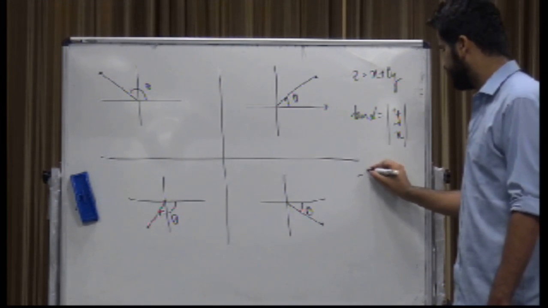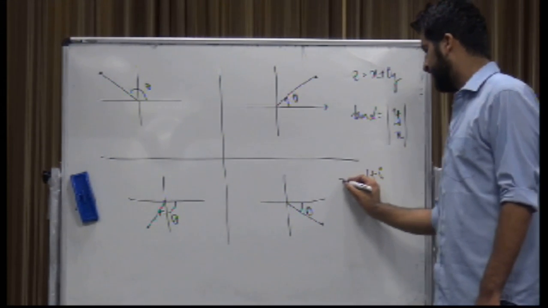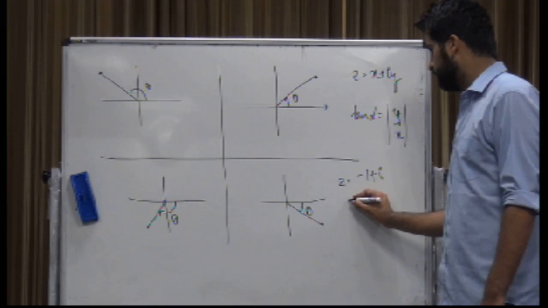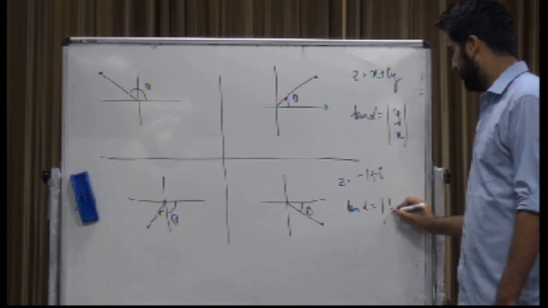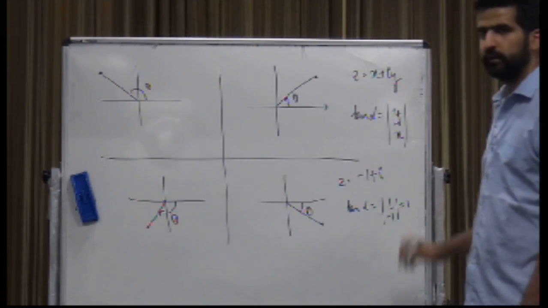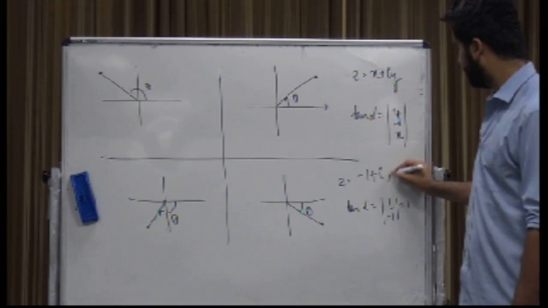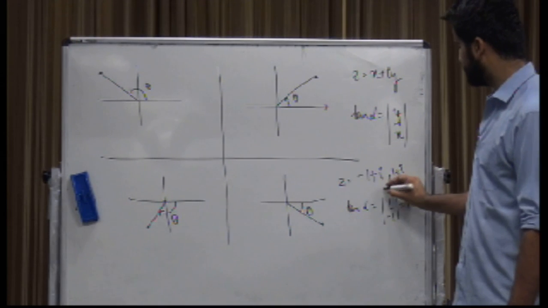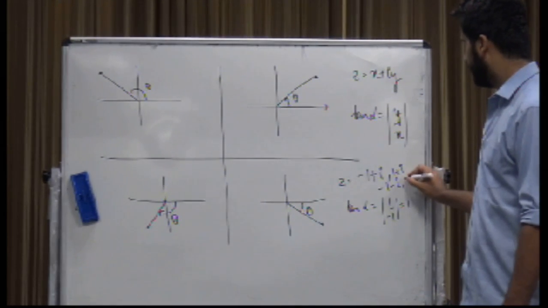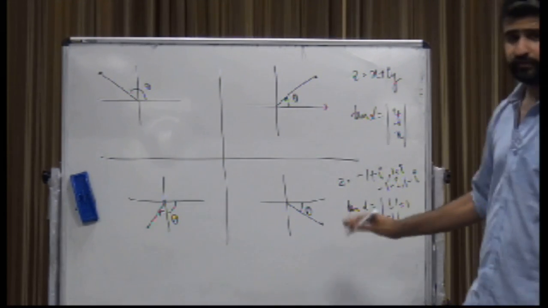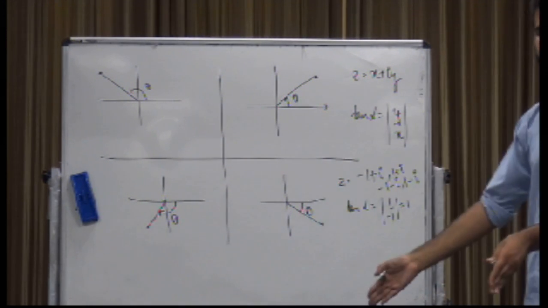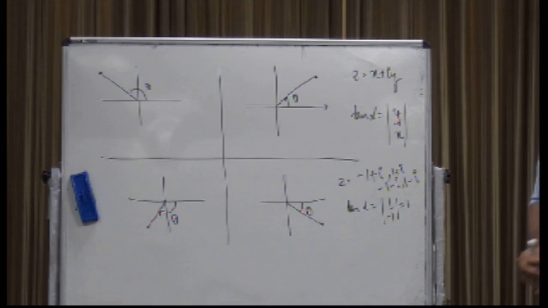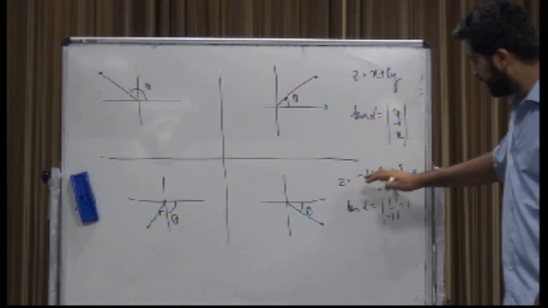If I have z equal to -1 plus iota, what is the value of tan alpha? 1 upon -1 in magnitude, which is equal to 1. So in all the cases like 1 plus iota, -1 plus iota, -1 minus iota, and 1 minus iota, the value of tan alpha will be the same. Since I am taking the mod, positive and negative signs don't matter.